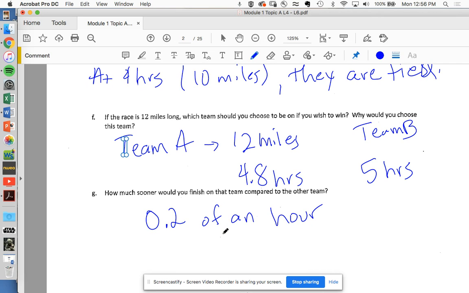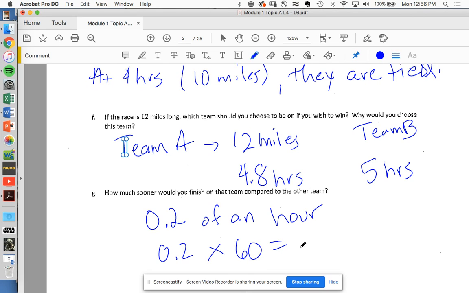Well, over here on my wall, I have the word of on one of these posters. Can you find the word of somewhere on these posters? Right there. Of means what? Multiply. So this is what we do. We take 0.2 times, well, how many minutes are in an hour? 60. I'll take 0.2 times 60. What's 2 times 6? 12.